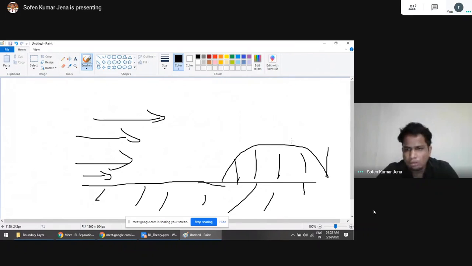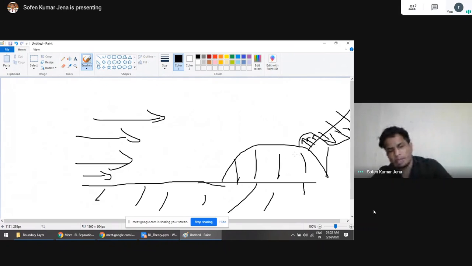If I do like that, you are telling this region there is an increase in velocity. That's why you have this kind of profile, right? Velocity may be negative. What is the change in velocity? Positive, right?